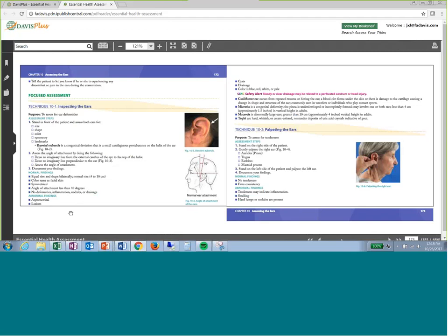We present the focused assessment as a series of techniques, and we are very careful to present them in a very linear format. Somebody said one of the greatest challenges, two people said, it's hard for students to keep the procedures and the steps in mind, and they become overwhelmed with detail.